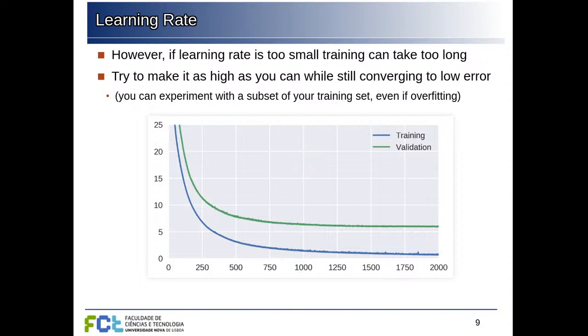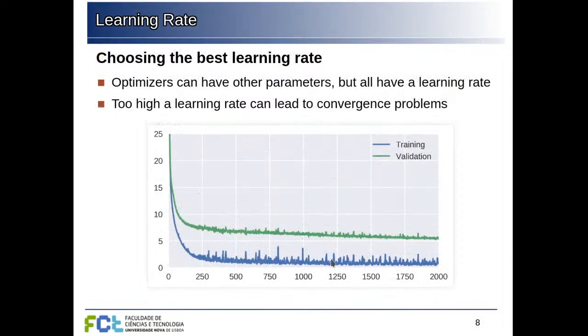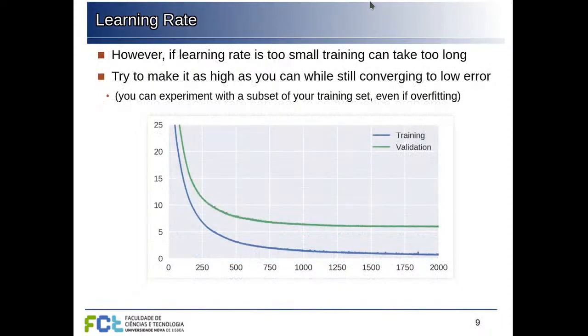And you can run a few experiments just to see how high you can put your learning rate while avoiding those kinds of oscillations, those convergence problems that you have here. You can play it safe and then use a learning rate that is a bit lower than that, but this would be one quick way of trying to find good values for your learning rate.